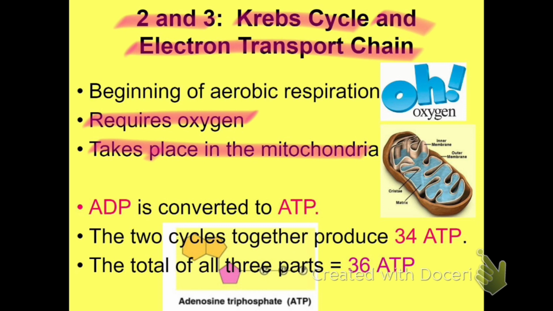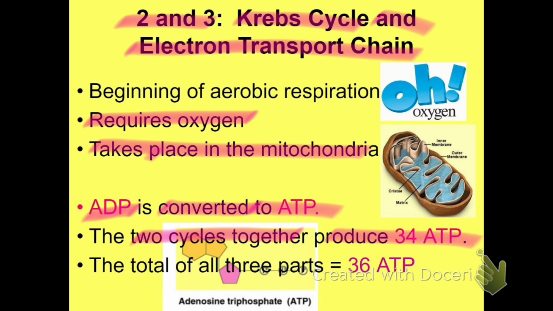ADP, which is adenosine diphosphate, is converted to ATP, which is adenosine triphosphate. When I look at step 2 and 3, the 2 cycles together produce 34 ATP.